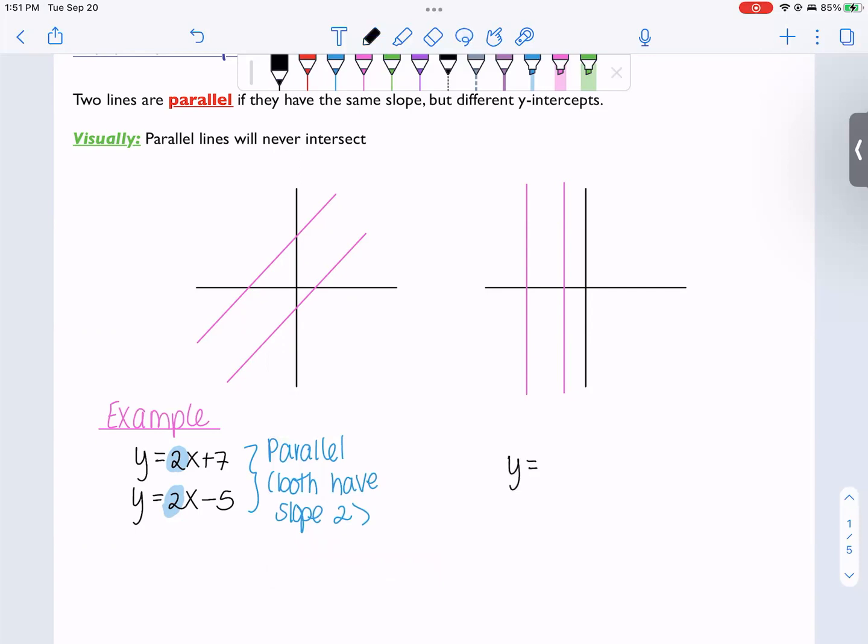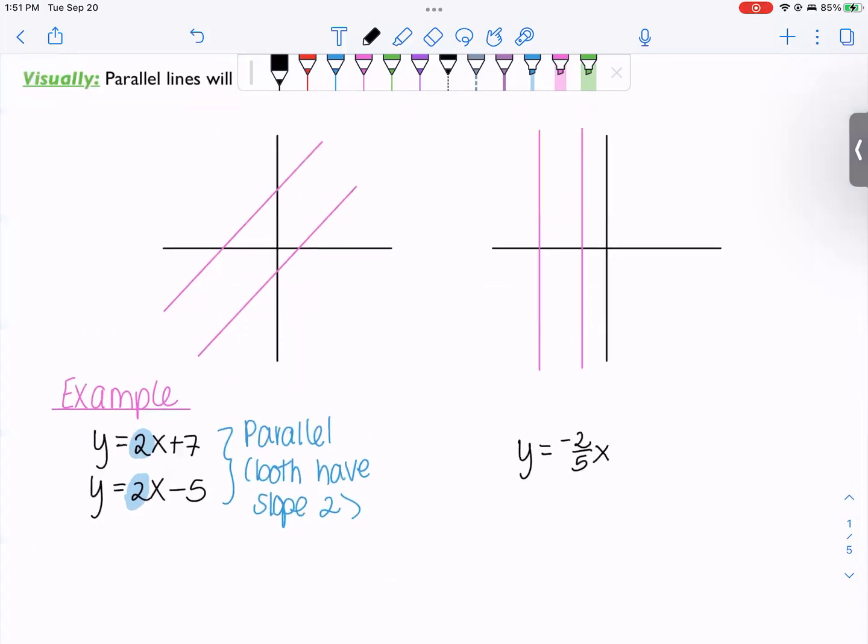We could have y equals negative 2/5 x plus 9.